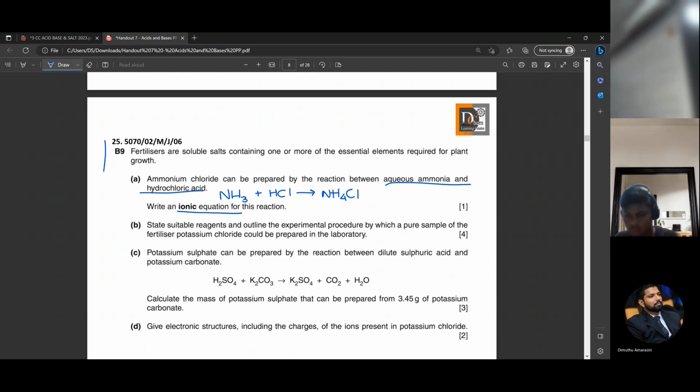This is the reaction. Now we'll break this into ions. Ammonia is ammonia. HCl is H plus and Cl minus. Ammonium chloride is ammonium plus and Cl minus. Which ion hasn't done anything? Cl minus. Cancel out. Now you know the answer.